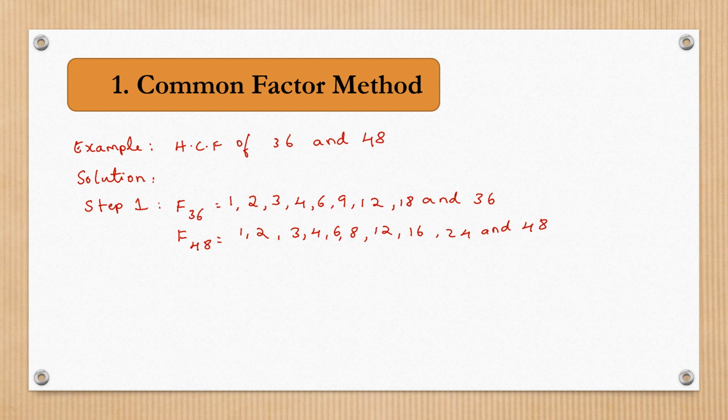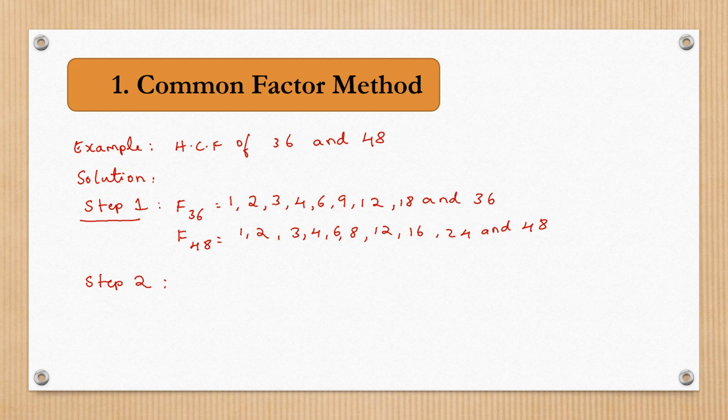Step 1 is telling us to find the factors, and we have finished finding all the possible factors of the given numbers. Let's move to step 2. What is step 2 telling us about? Step 2 says that from the factors we obtained in step 1, we should find the common factors.